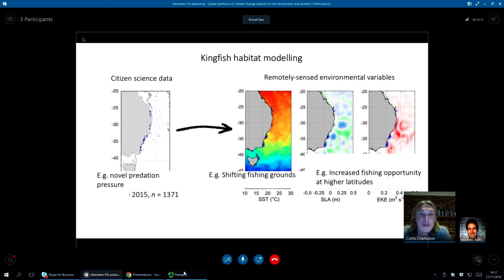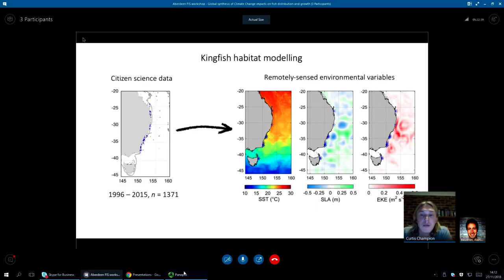So to develop this kingfish habitat model, I'm just going to step through how we went about it and highlight some of the key considerations that went into it and approaches to overcome some of the things that were required to be considered. If you remember back to those green circles on the previous slide, we essentially needed a lot of records of this animal in space and time.